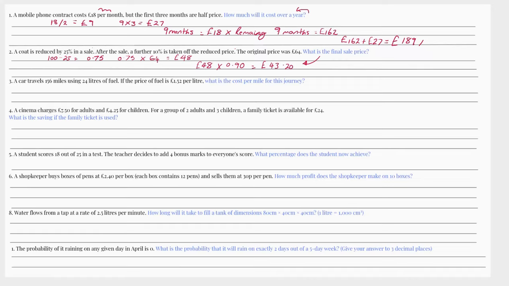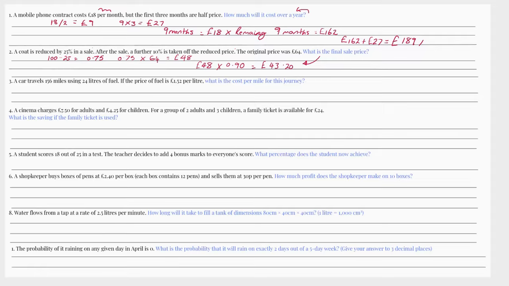A car travels 156 miles using 24 litres of fuel. If the price of fuel is £1.52 per litre, what is the cost per mile for this journey? So the first thing we're going to do is work out our litres.